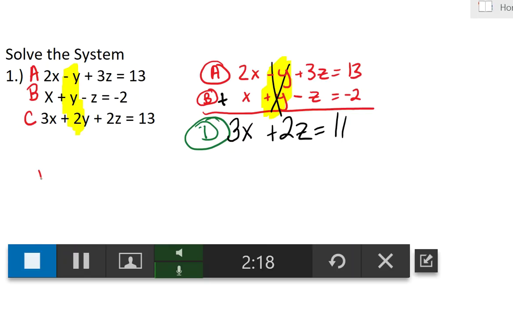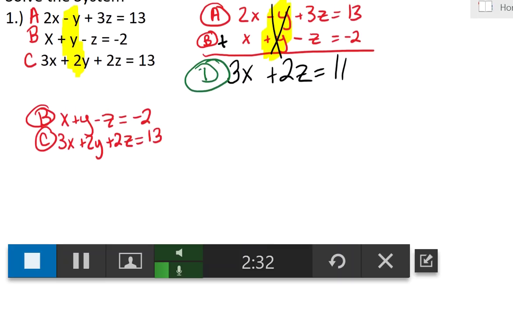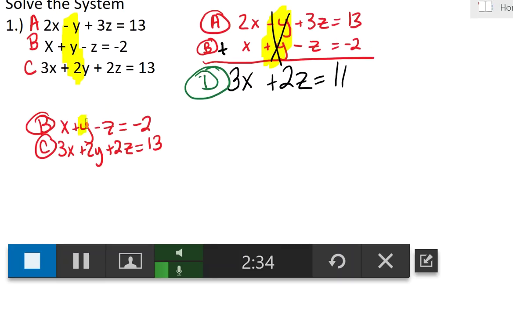So I'm going to use B and C this time. And again, I've got to stick with the same variable. That's really important. So in order to cancel this out, I'm going to multiply by 2.